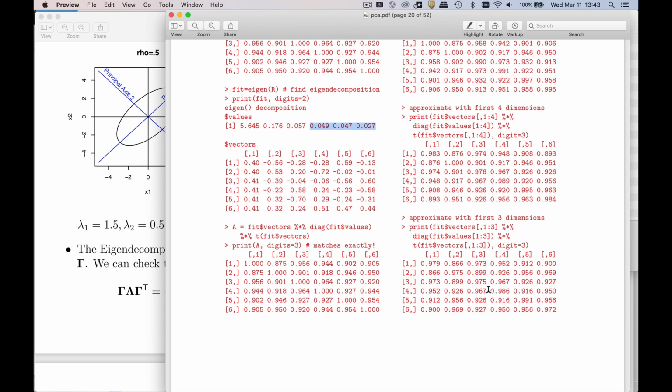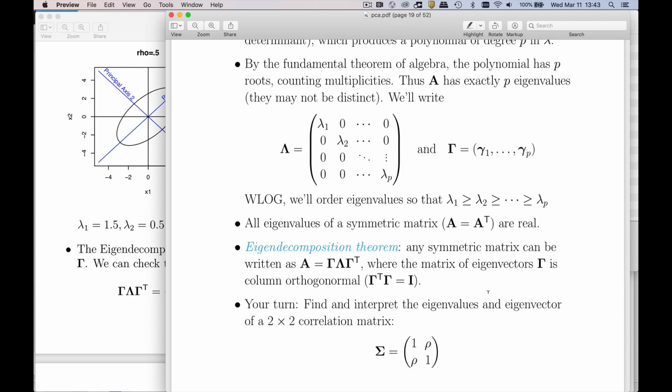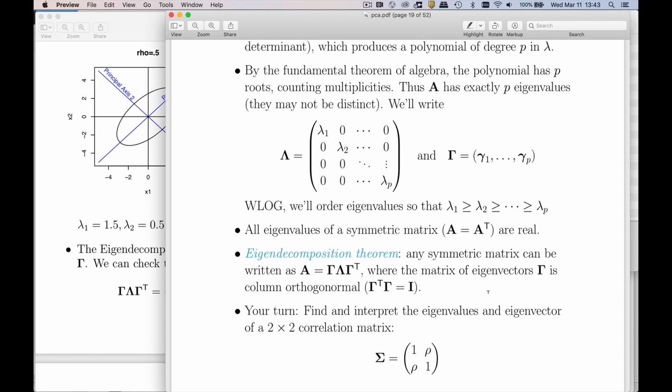All right, so what I want you to take away from this is that we can decompose our correlation matrix using eigenvalues and eigenvectors, and that provides an approximation if we start throwing out some of our dimensions.